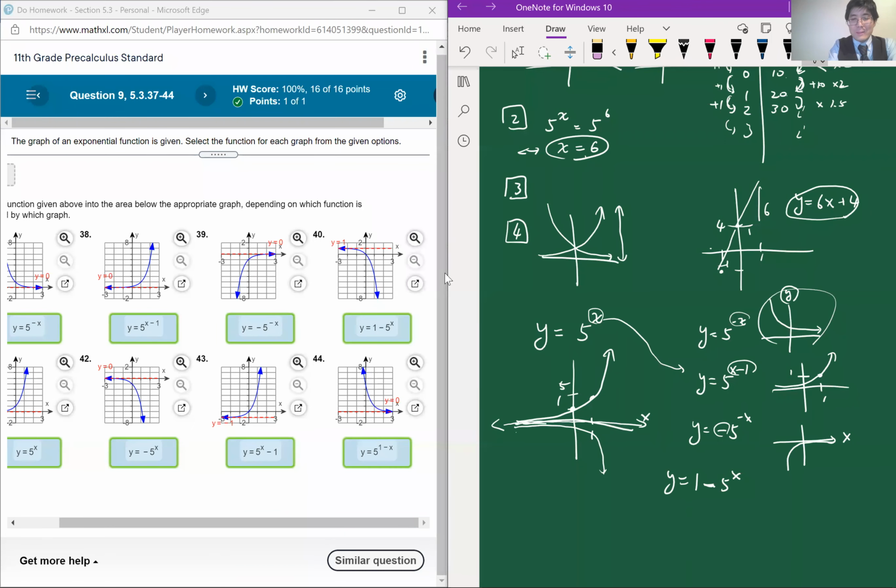And it looks like this. Okay. And I'm going to stop explaining this. Basically, the transformation rule is applied the same for parabola or exponential functions and so on. So just apply those rules here.